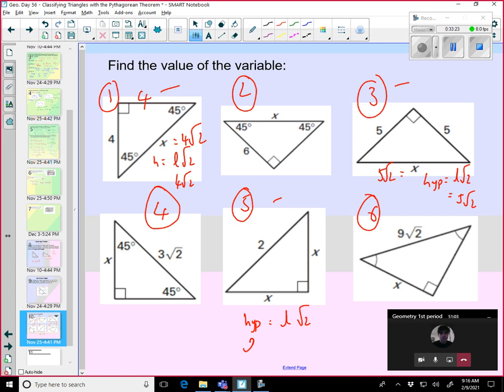The hypotenuse is given as 2, and the leg is x. So 2 equals x root 2, and they are asking me to find the value of the leg, x. I can divide by root 2 on both sides. The root 2 and root 2 cross out. 2 over root 2 gives me just root 2. So x equals root 2.